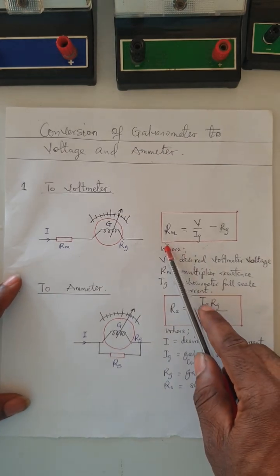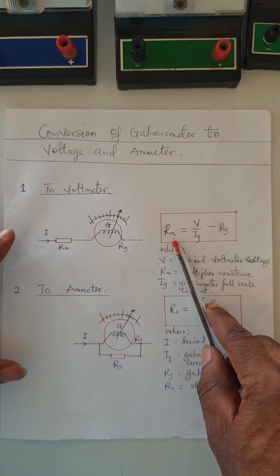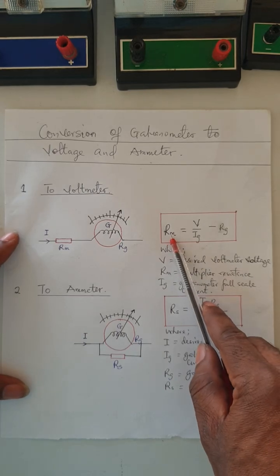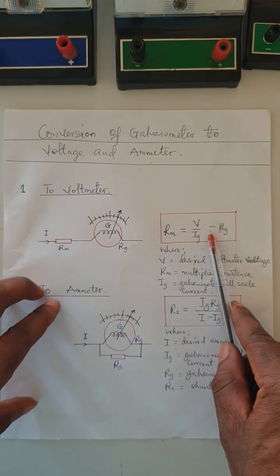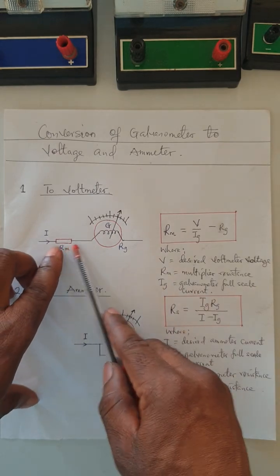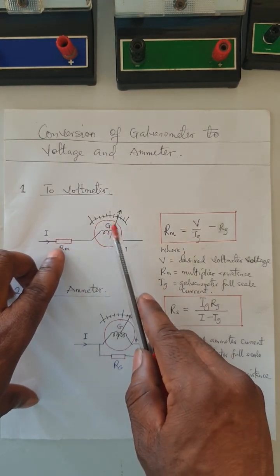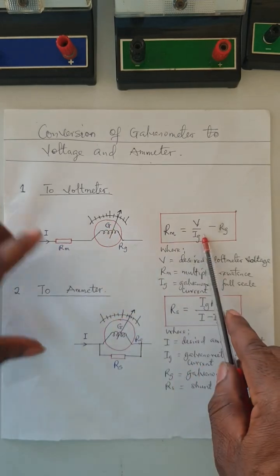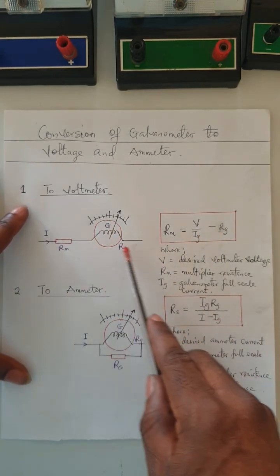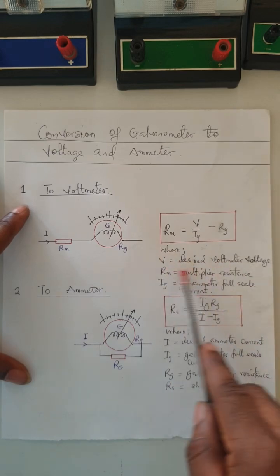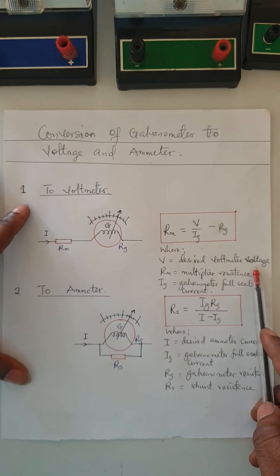So the formula here shows us how much resistance should be connected in series with the galvanometer, for the voltmeter that we want to design to measure a particular amount of voltage.